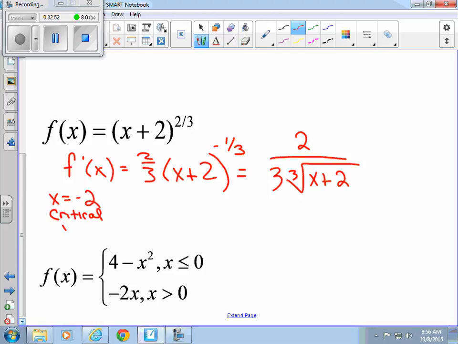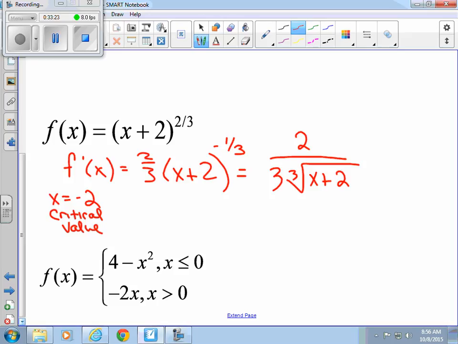Remember, our critical values are undefined points, because the maximum could happen at a sharp point or at 0. So this derivative is undefined at negative 2, so it's still a critical value. It could be a sharp corner. We just said the bottom equals 0, and that's what it came out to be, negative 2.